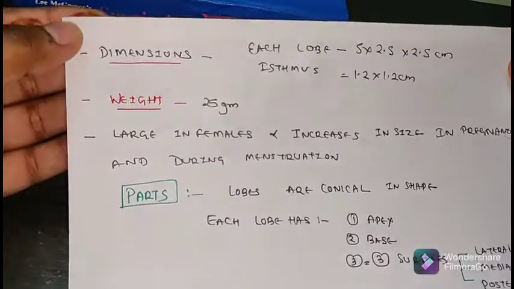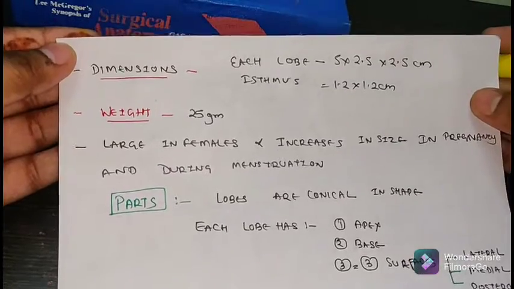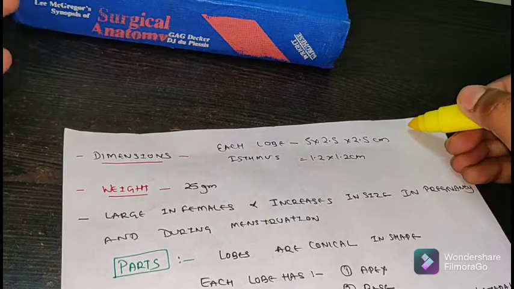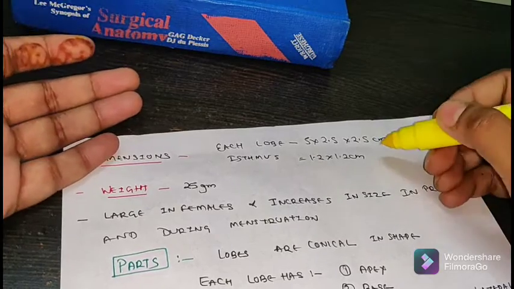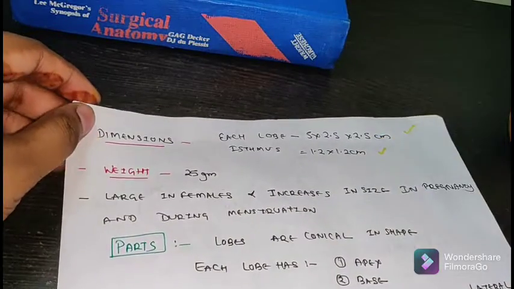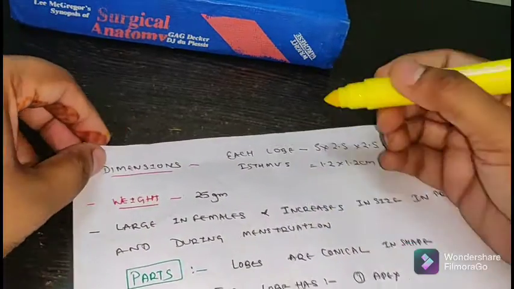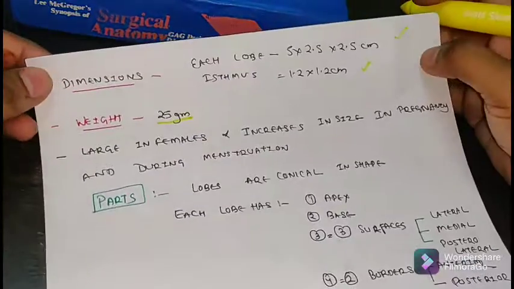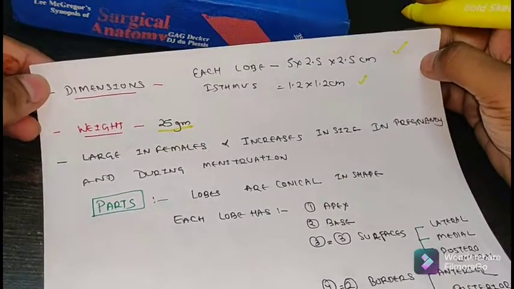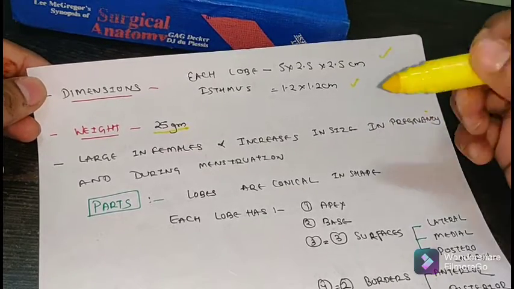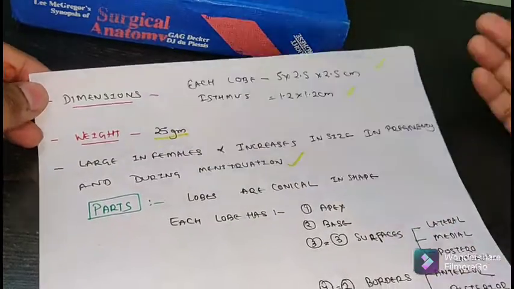Starting with the dimensions of the thyroid gland, each lobe is 5 into 2.5 into 2.5 centimeters and the isthmus is 1.2 into 1.2 centimeters. The weight of the thyroid gland is around 25 grams, it is larger in females, and it increases in pregnancy and during menstruation.